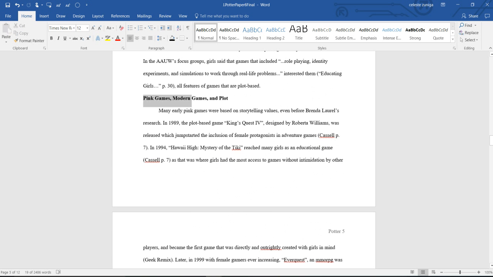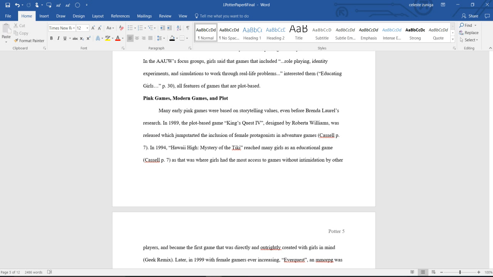All right, pink games, modern games, and plot. Many early pink games were based on storytelling values, even before Brenda Laurel's research. In 1989, the plot-based game King's Quest V, designed by Roberta Williams, was released, which jump-started the inclusion of female protagonists in adventure games.